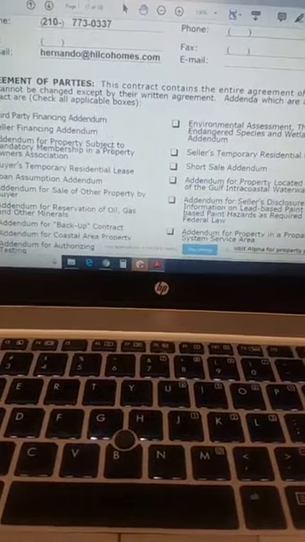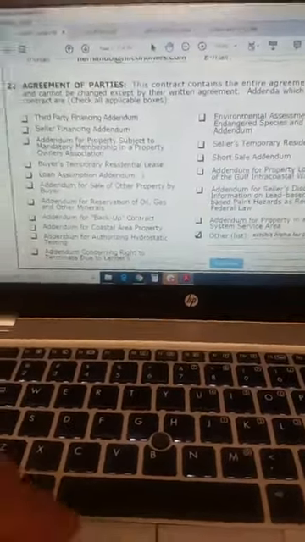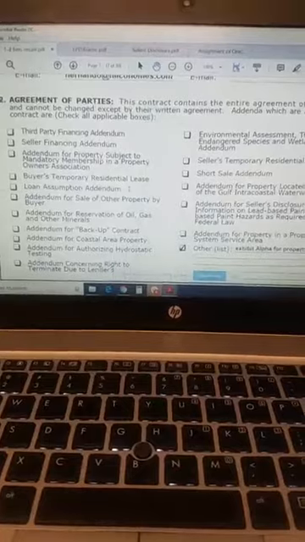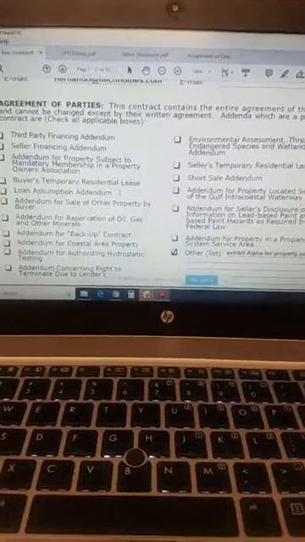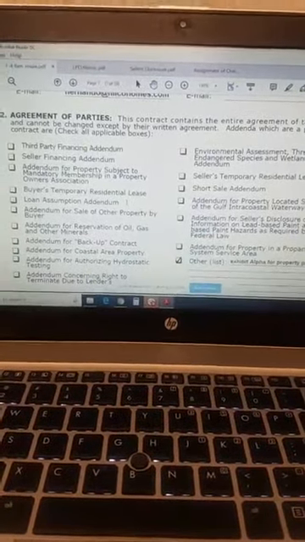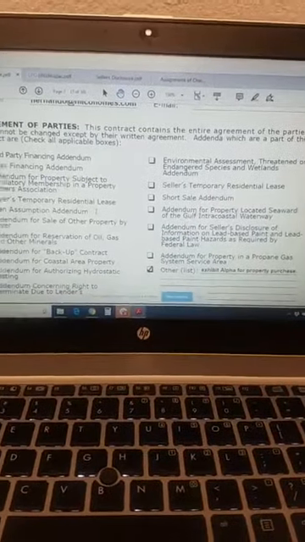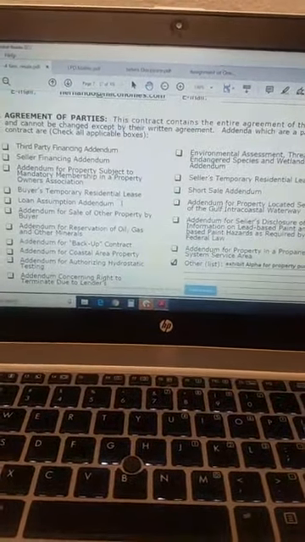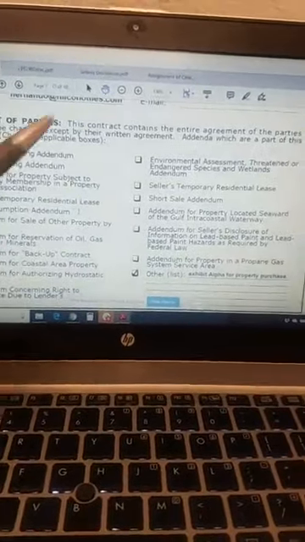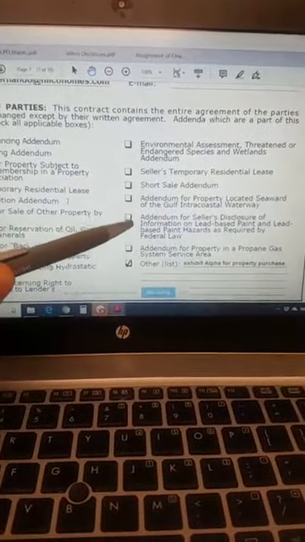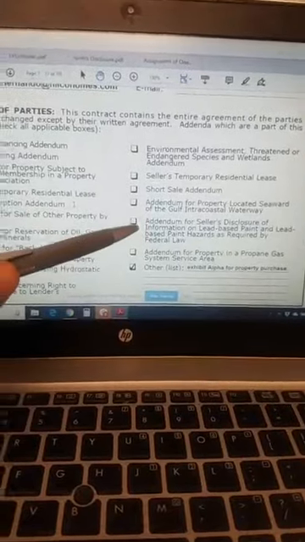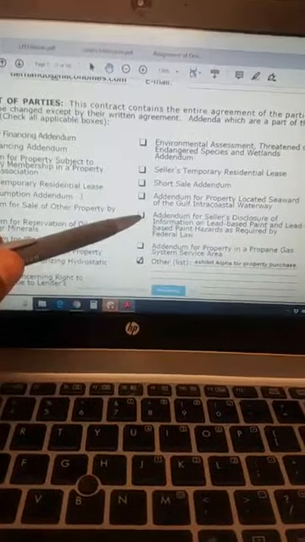Next is agreement of parties. Here is where you check off all your addendums and amendments and other documents pertaining to the deal. If this is a wholesale transaction, it pretty much stays all blank except for the lead paint disclosure. If the house was built before 1978, you would check that one off.